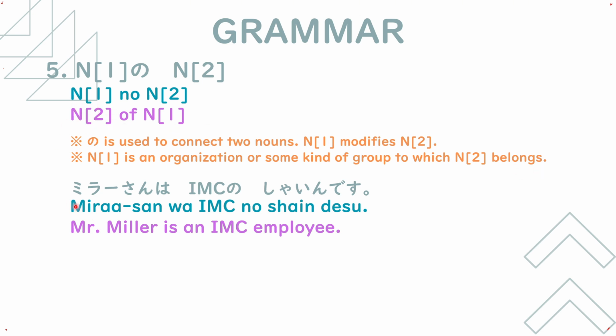So for example, we have Miller-san wa, the subject of a sentence, IMC no shain desu. So Mr. Miller is an IMC employee, or for more specific translation, Mr. Miller is an employee of IMC. Okay? So noun 2 of noun 1.